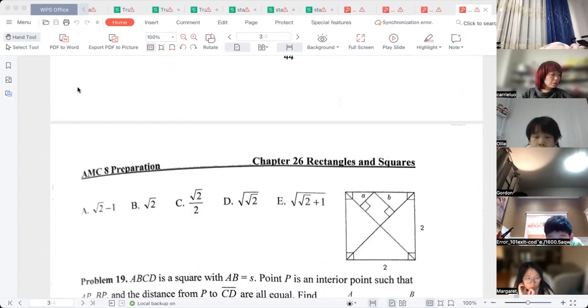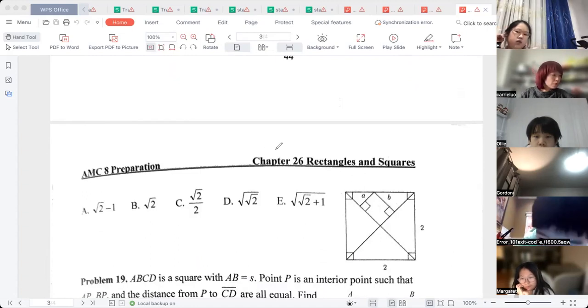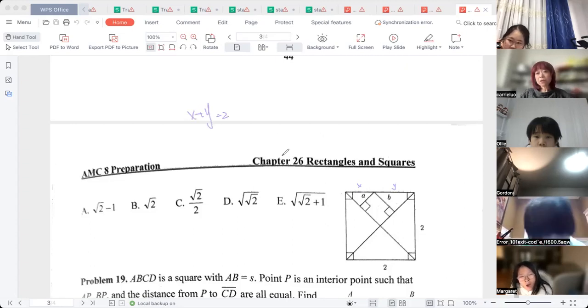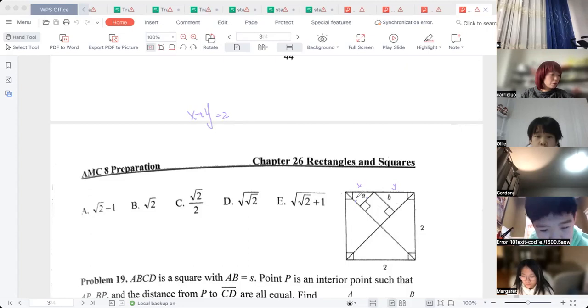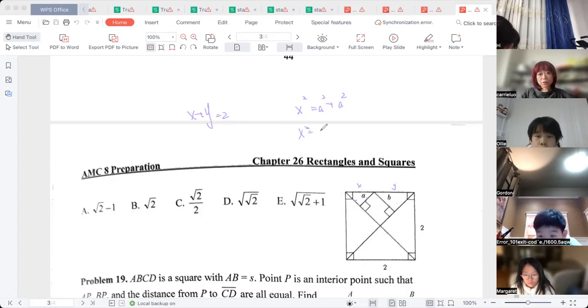So let's take a look at this one. We have X equals here, and Y equals here, and we have X plus Y equals 2. Everybody understand? Okay, because A and this one are the same, we have X squared equals A squared plus A squared. So X squared equals 2A squared, and we square root it.